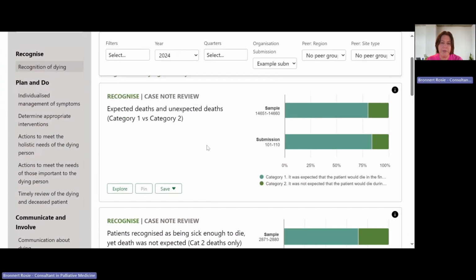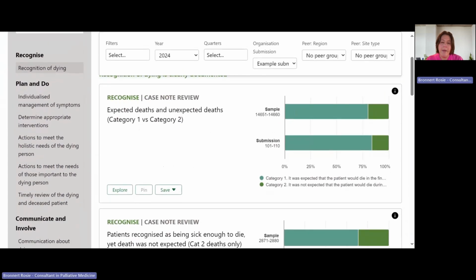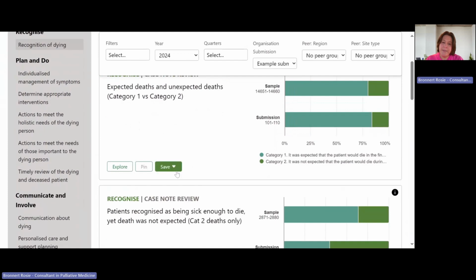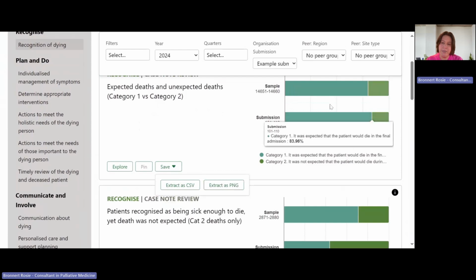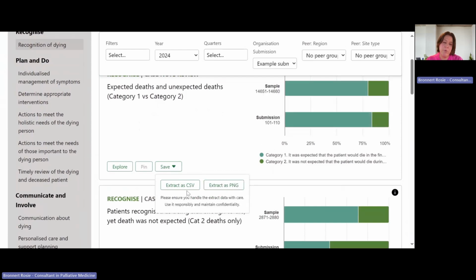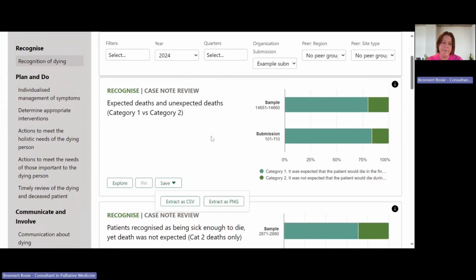I'm just going to refresh the screen there. And just as a reminder that you can save the information here, I'm not going to do that today, but you can either extract the picture itself or the data, and then that can be helpful to directly put this into a report rather than having to rely on screenshots.